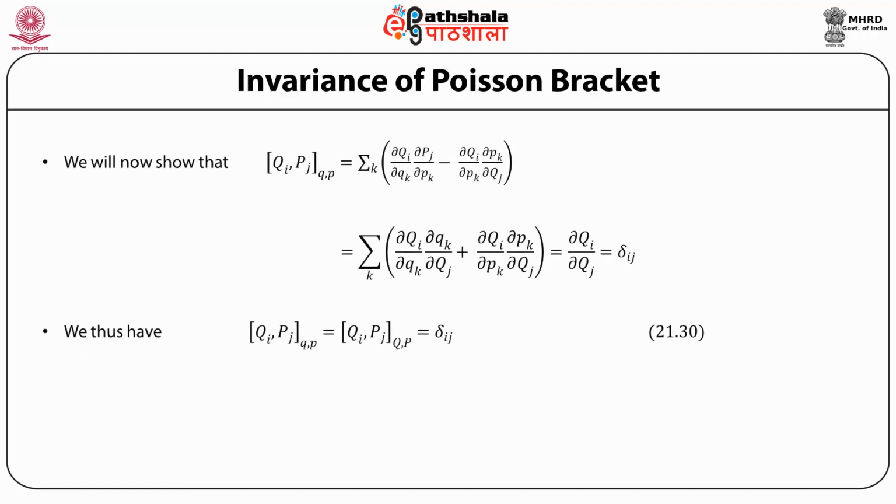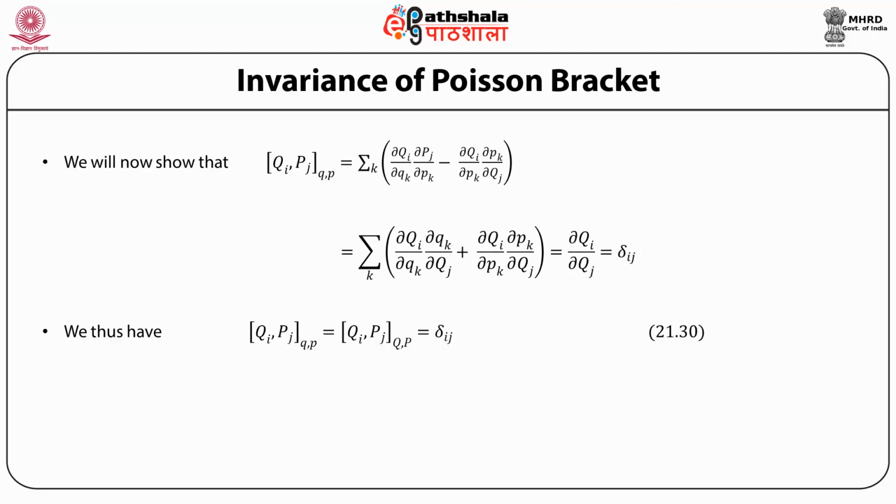To continue with our illustration of the fact that the fundamental brackets remain invariant, we finally evaluate the bracket between the new coordinates and their conjugate momenta with respect to the old coordinates and the conjugate momenta.